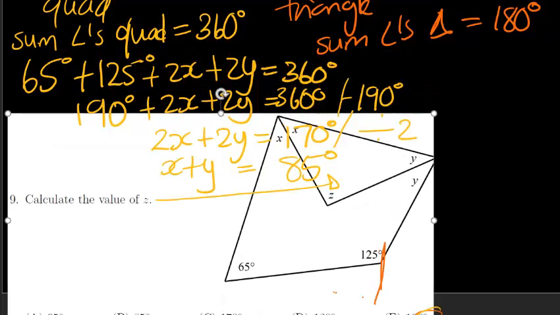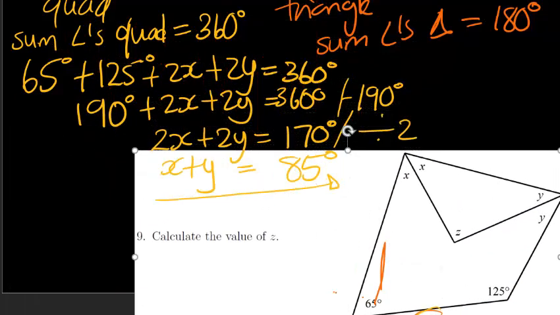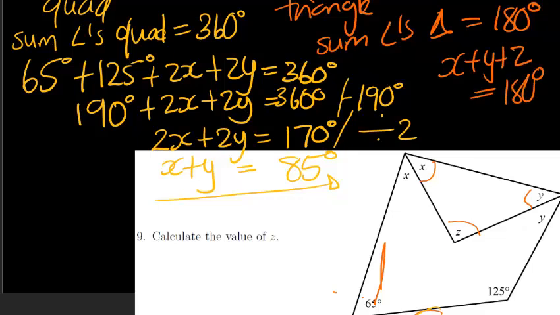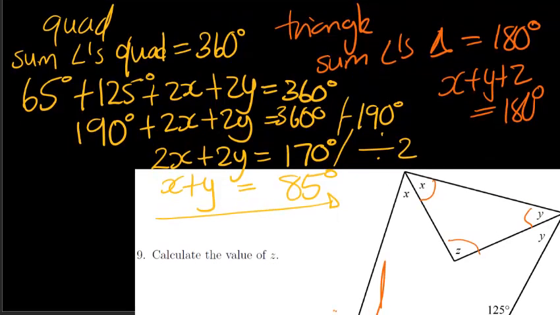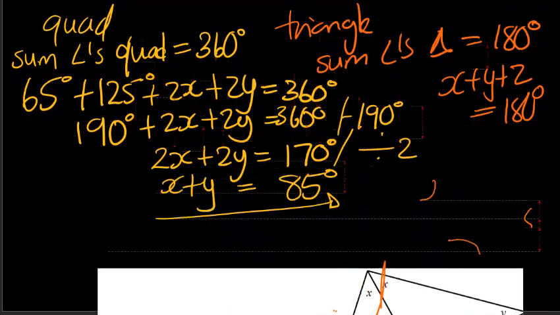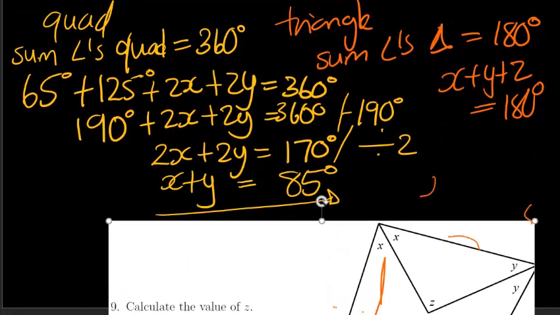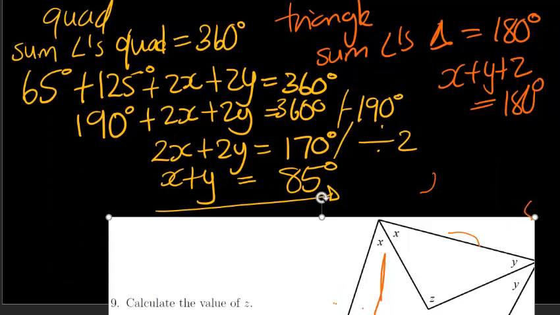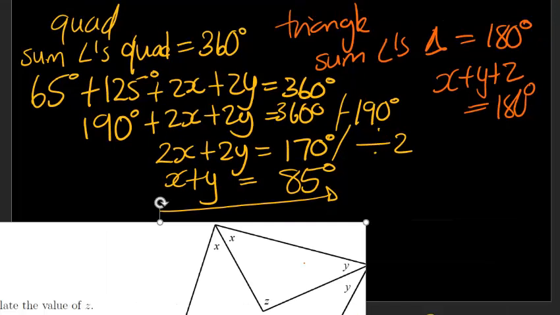In our image, we can see that our triangle is equal to x plus y plus z. So we're saying x plus y plus z is equal to 180 degrees. But on the left-hand side, in terms of our yellow, we have said that x plus y is equal to 85. So what did we say in the yellow? x and y is 85.